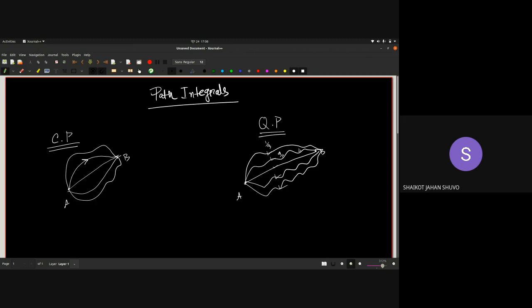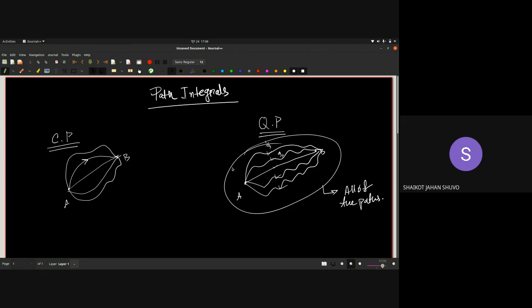So all these paths are viable for a particle. A particle can take all these paths to go from A to B. And in path integrals, what we do is that we sum over all of these paths. So that's your difference with the classical picture.